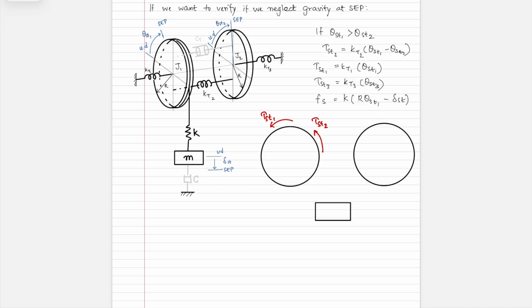And it's going to assist with theta st2 so that the net twist is reduced, right? So it's going to be, as shown here, tau st2. What about tau st3? It is resisting theta st2, so here is tau st3.